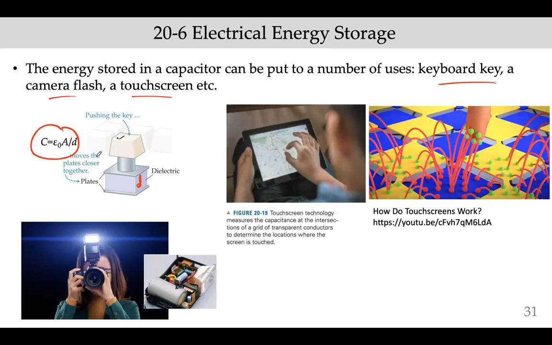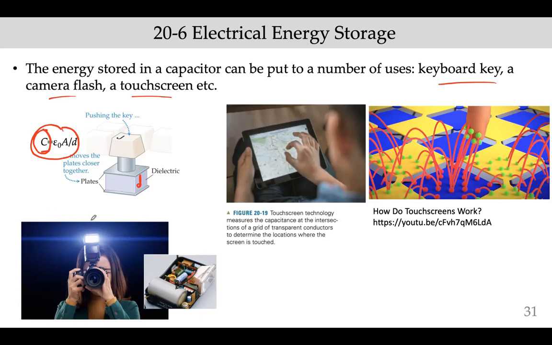So the electronics of the computer constantly measures this capacitance. When you push the key, the capacitance changes, and it changes other things in this circuit, so the computer knows that the key is pushed because it monitors the change in capacitance.